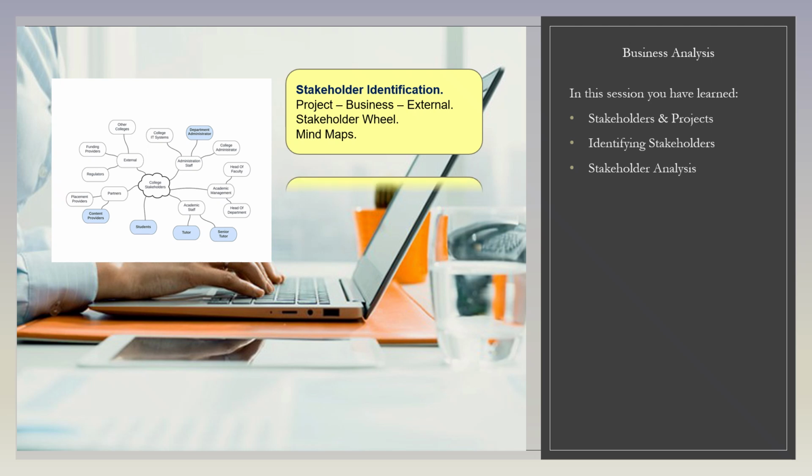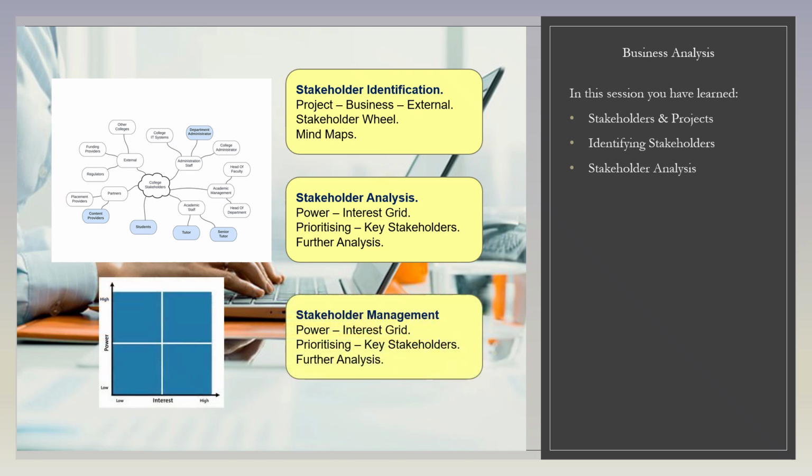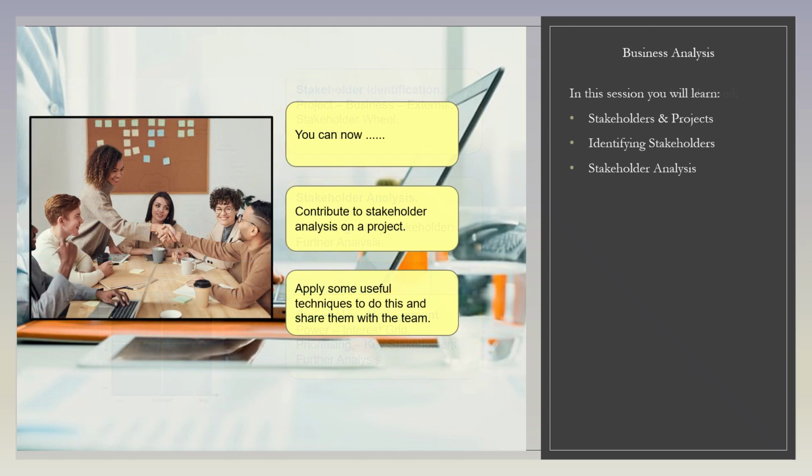How to conduct stakeholder analysis, perhaps using the power interest grid to help you prioritize and analyze them further, and about stakeholder management and possible approaches to involving them in the project. Also, you've learnt some techniques that you can apply in practice on projects.